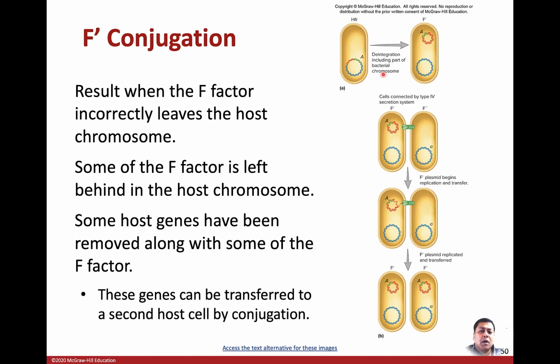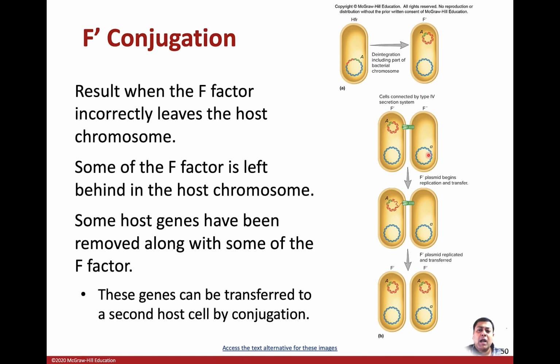So in this process, it is integrated, and this red factor needs to come out, but instead of being just red, it brings a portion, this green portion of the chromosomal DNA, along with it. So this is what is called an F prime plasmid, where you have a little bit of sequence from the chromosome in the F factor plasmid.